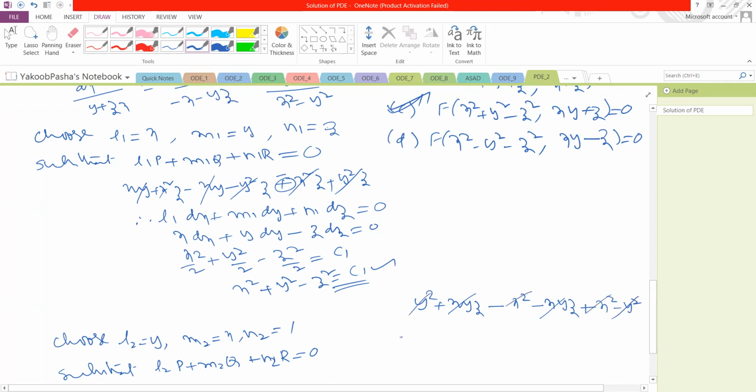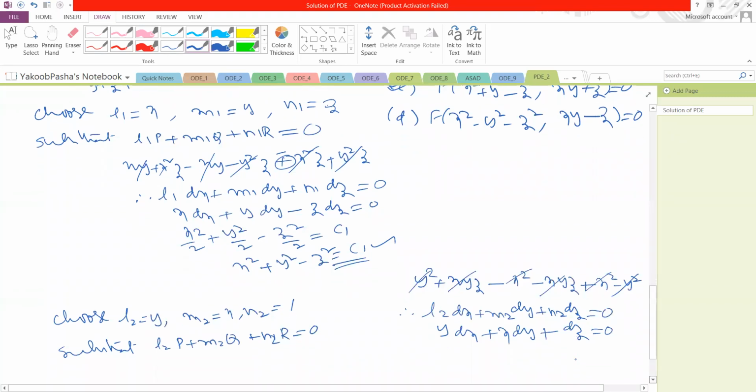క్యాన్సిల్ అవుతుంది కాబట్టి therefore we can write L2 into dx plus M2 into dy plus N2 into dz is equal to 0 అని రాస్తాం. సో L2 is equal to y dx, M2 is equal to x dy, N2 is equal to 1 into dz. So now integrate this.